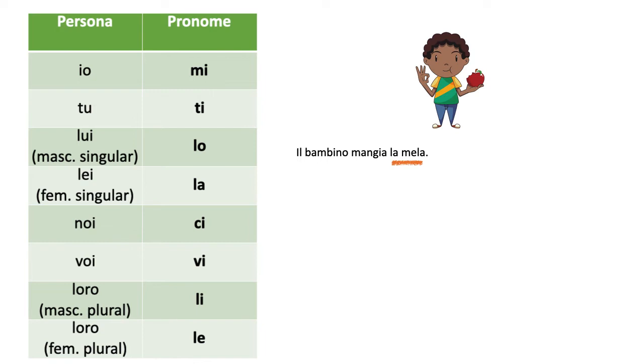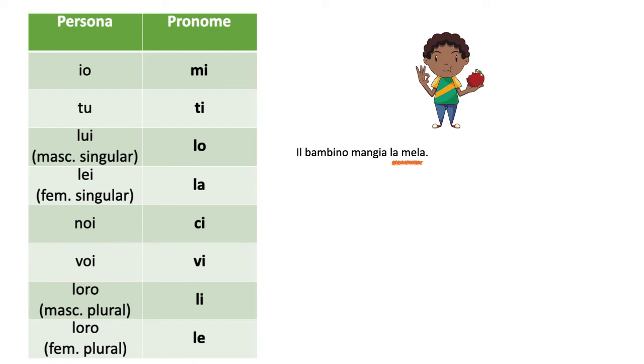Okay. Now, la mela. What gender is that? We have two clues here that tell us the gender of la mela. The first is the A ending of the word. But we know by now that that is not true in 100% of the cases, but we also have the definite article la, which I hope you remember, is the feminine singular article.